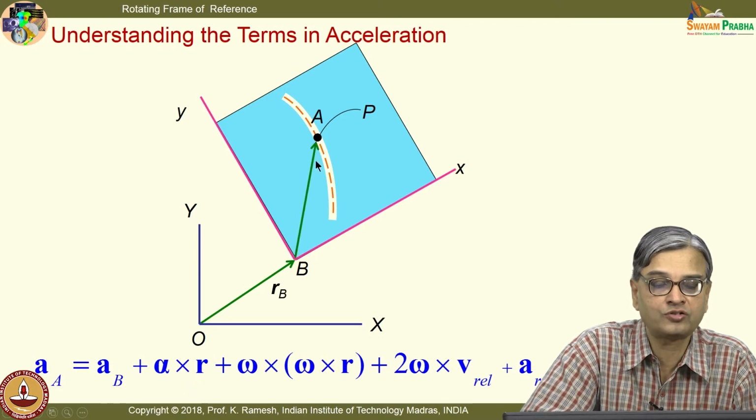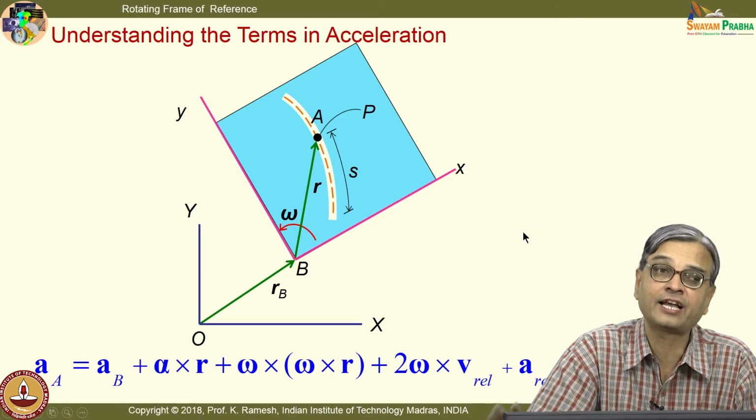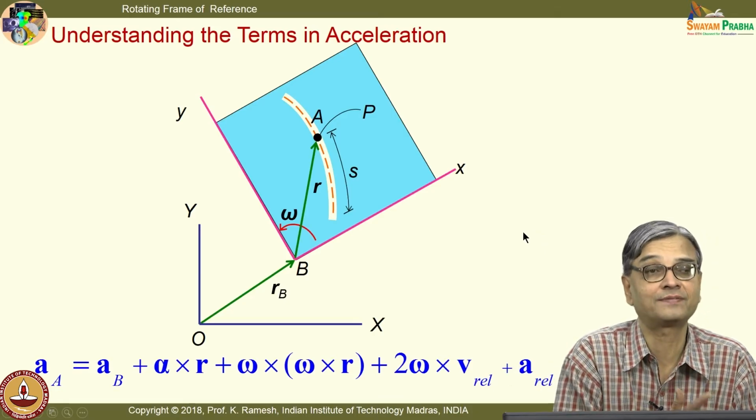Then I also have a position vector with respect to the rotating frame of reference like this. I have the position vector r, and this is at a distance s from one end of the slot. You know, for the animation I have just shown omega, it can also have acceleration alpha, fine.